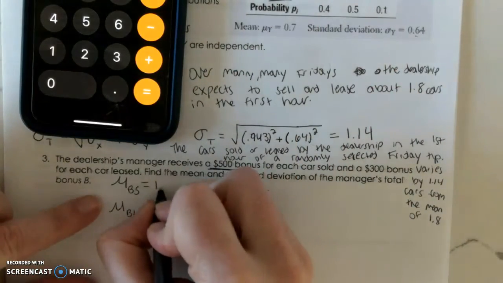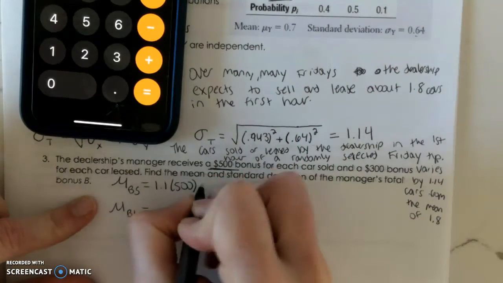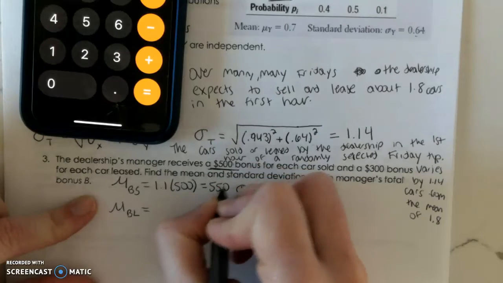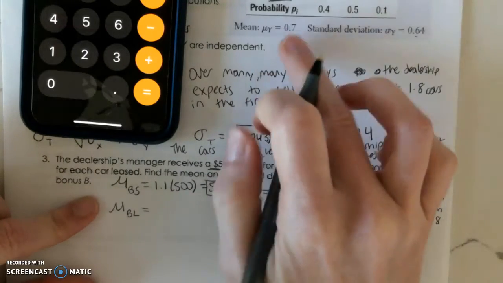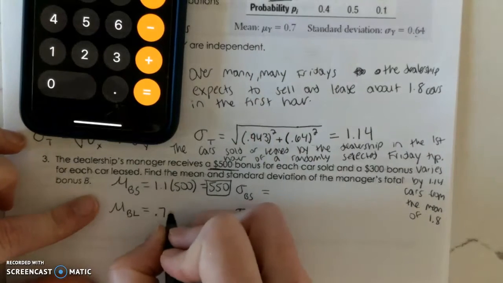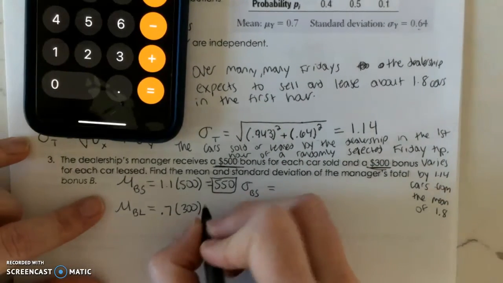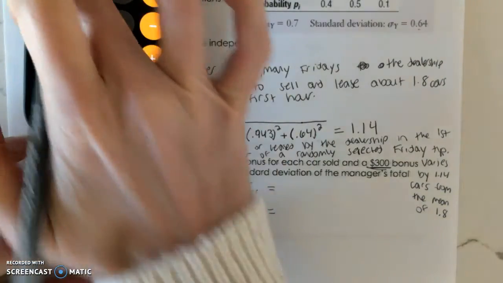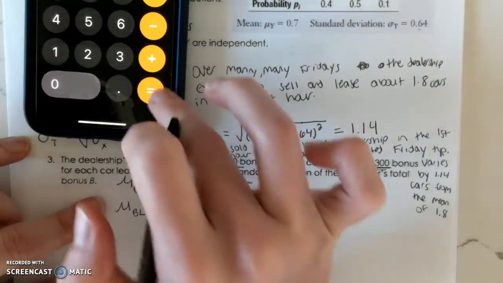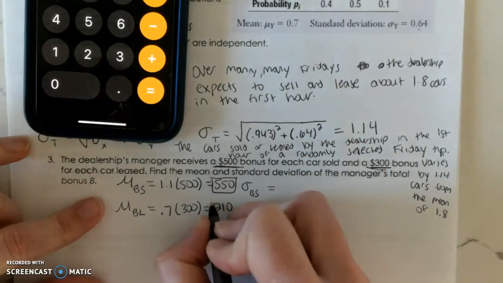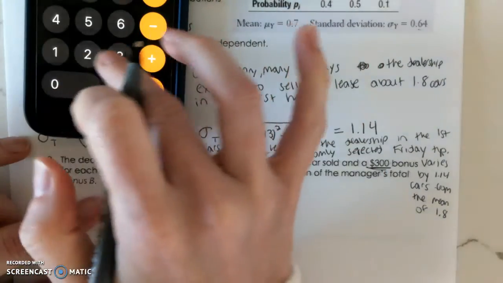That's going to give me my new mean of 550. Now my leasing mean was 0.7, and I only get a $300 bonus for leasing, so 0.7 times 300 gives me 210. That's my new mean for that.